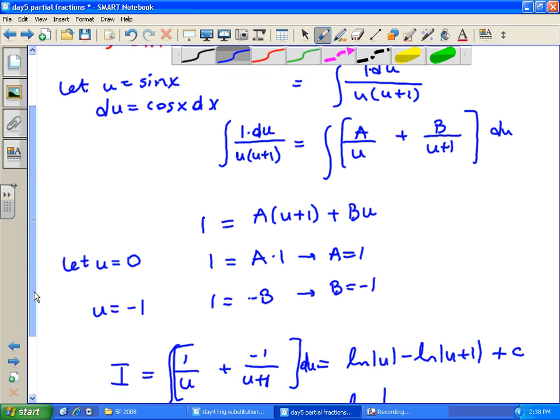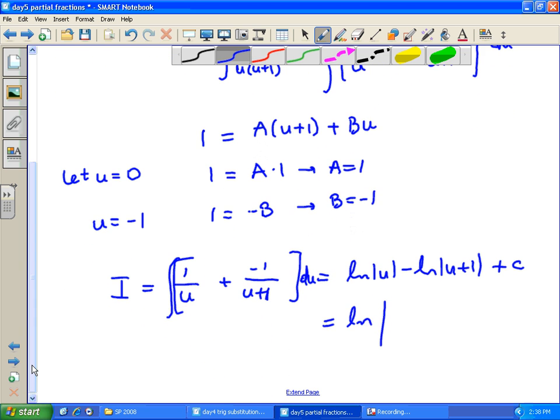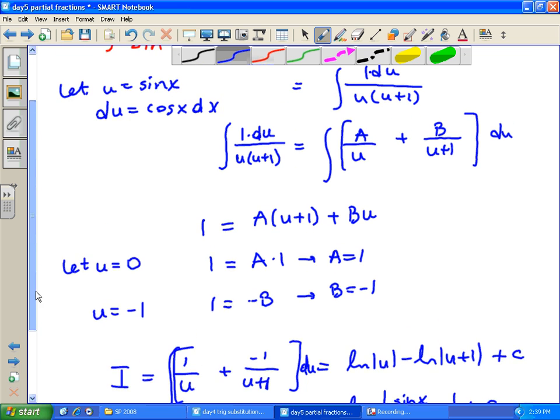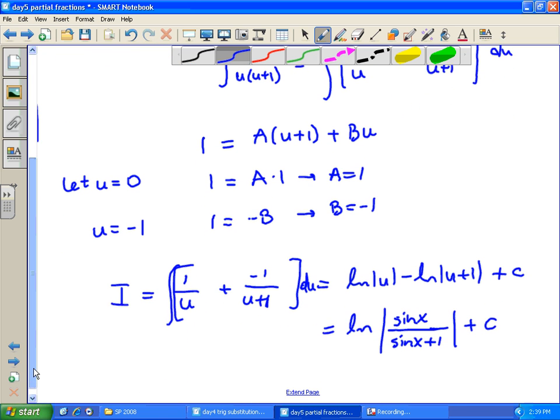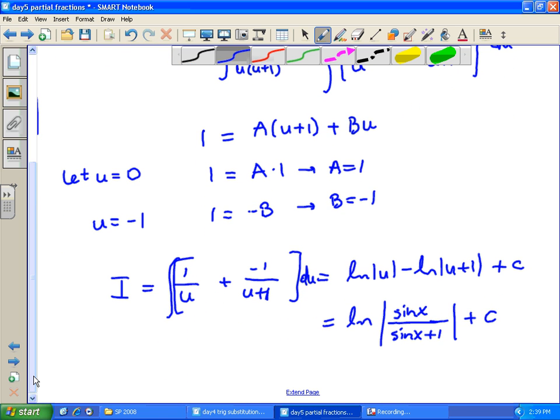And remember that u was sine x, so we get ln of sine x divided by sine x plus 1 plus c. And again, the reason I have it in the quotient format is because I had ln a minus ln b. That can be written as ln of a over b. So the moment we got rid of the trig functions, it became a regular partial fractions question. And just at the end, we had to remember to replace u with its equivalent.